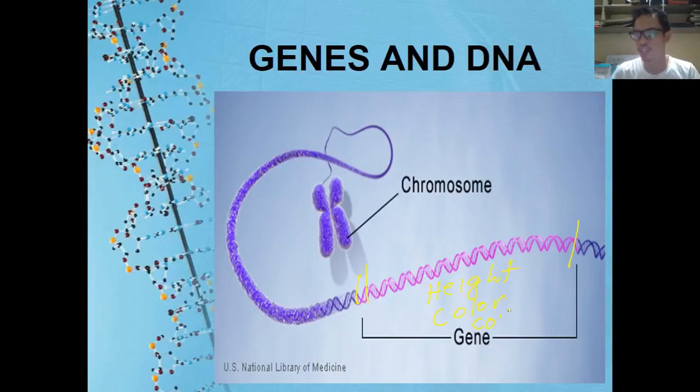So that is the gene. Located inside this gene are the alleles responsible for the uniqueness of the individual. For example, if this is the height, we have here the tall. We can cut this segment for short, and this segment for tall again, and so on. So this is the gene that we were talking about earlier.